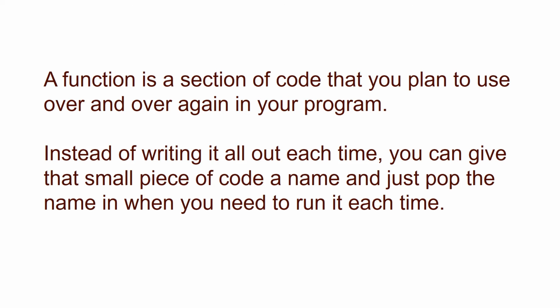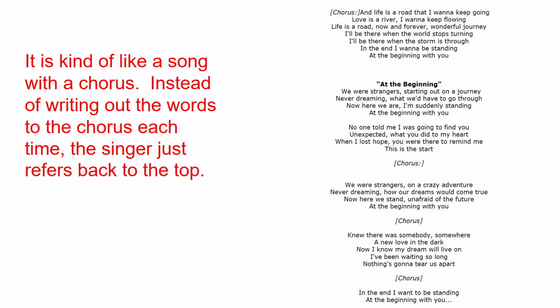So here's an example. When you were a kid, you used to learn songs, and in the songs there were usually choruses. So this is just an example of a song that we used to explain this. Instead of writing out the words to the chorus in between each verse, it would just say chorus, and you know, because you learned in elementary school, just to go back up to the top and sing the words at the top again.